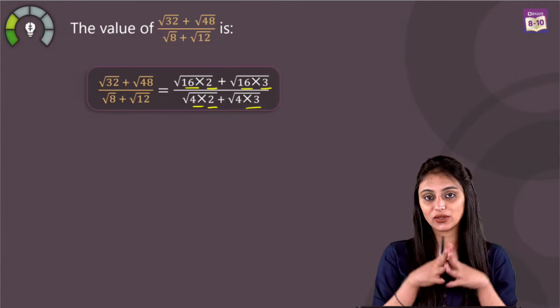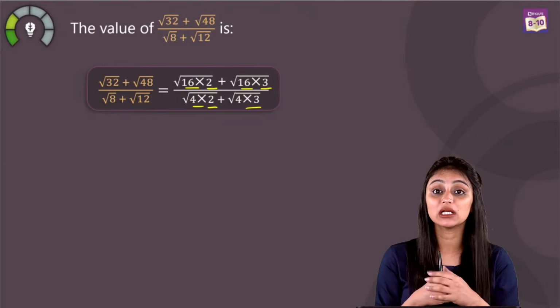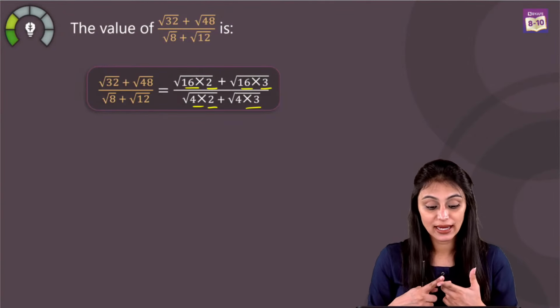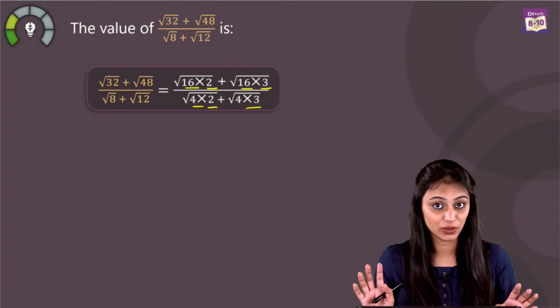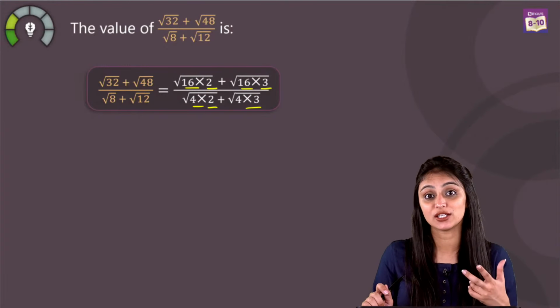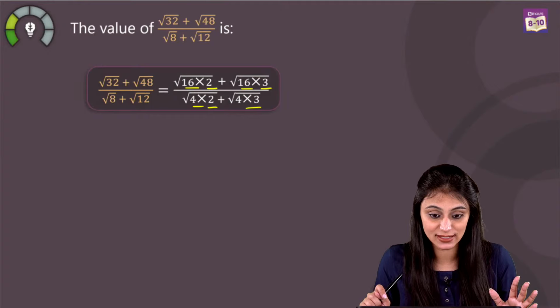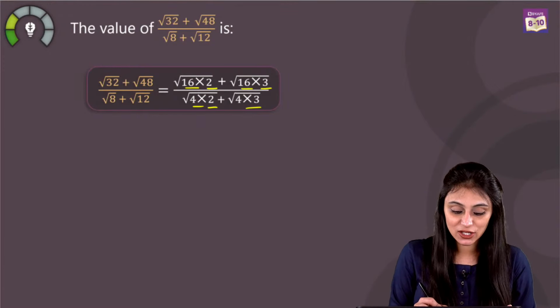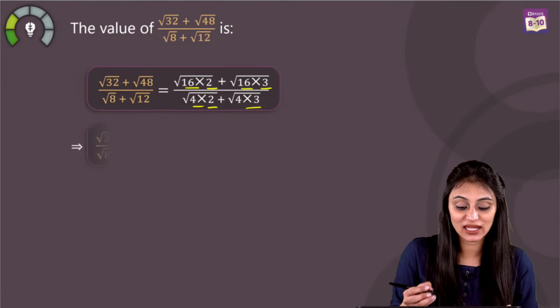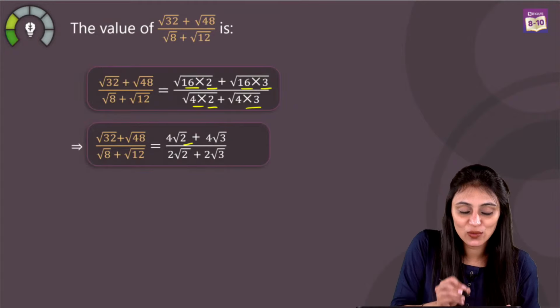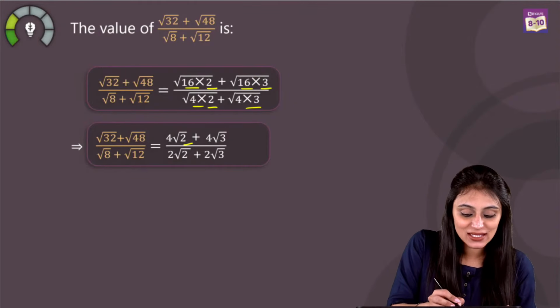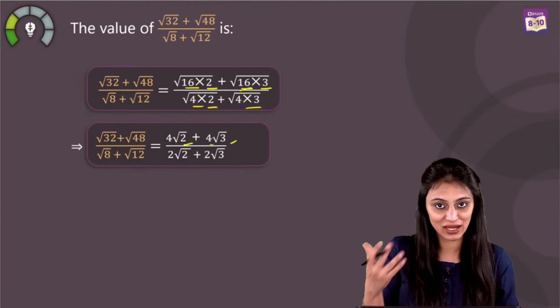Why am I telling you this method? Because it will be simpler, and second, it will save your time during the exam, and there will be lesser chances of making any calculation errors. Alright, so square root of 16 is basically 4, and root 2 will remain as it is. Plus again root 16 is 4 and root 3 remains as it is.